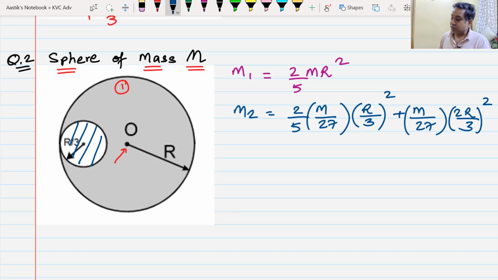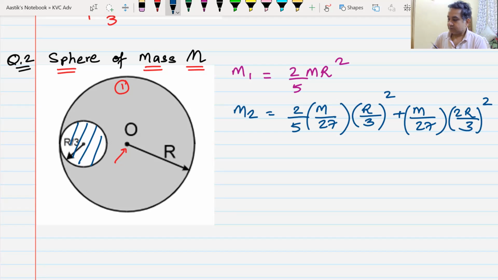You subtract the 2 and you will end up with the moment of inertia of whatever is remaining. Do we get this? Yes or no? What is the doubt? Do we have any doubt?